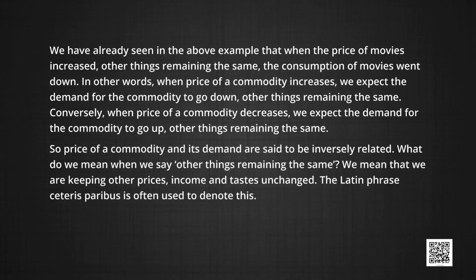So, the price of a commodity and its demand are said to be inversely related. What do we mean when we say other things remaining the same? We mean that we are keeping other prices, income, tastes and preferences unchanged. The Latin phrase ceteris paribus is often used to denote this.